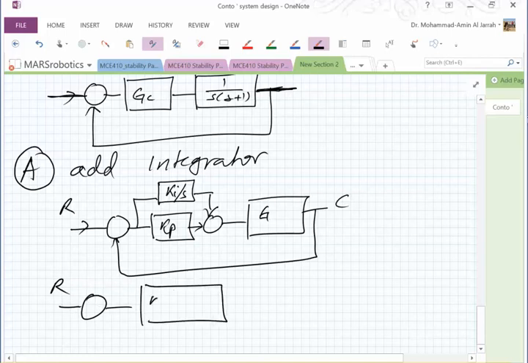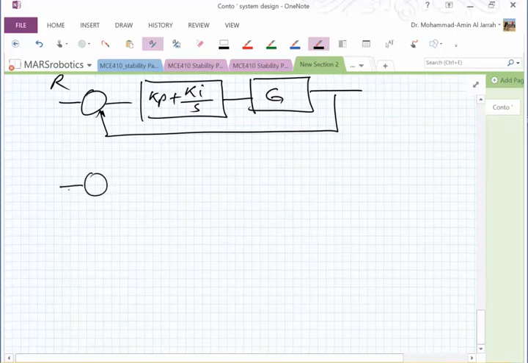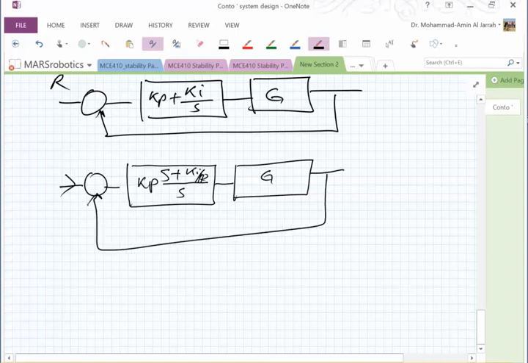So this becomes KP plus KI over S, times G. If I want to reduce it further, this becomes KP times S plus KI over KP, over S, times G. Is this clear?